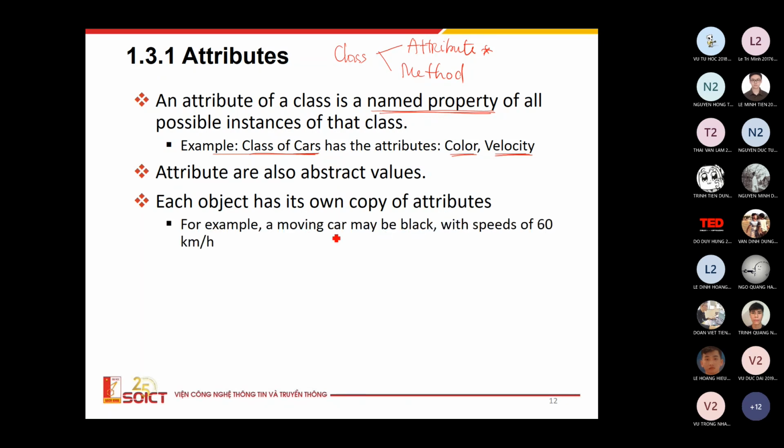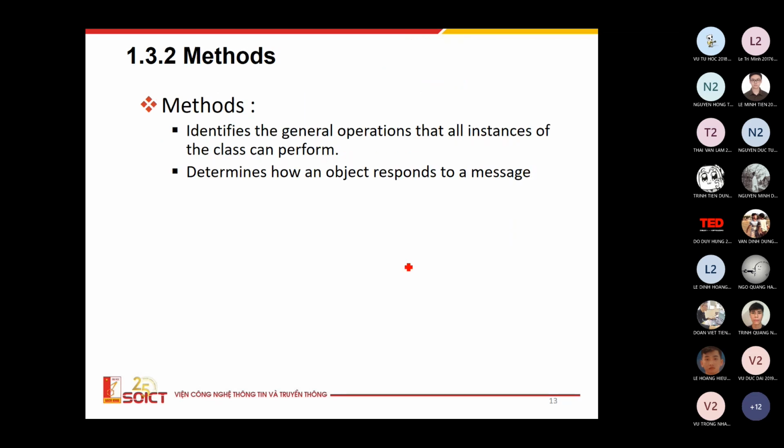For example, when you describe a car, you describe it with the color and velocity. And when you describe a real object, you will describe that the car is black and has a speed of 60, for example. And about the method, we know already.